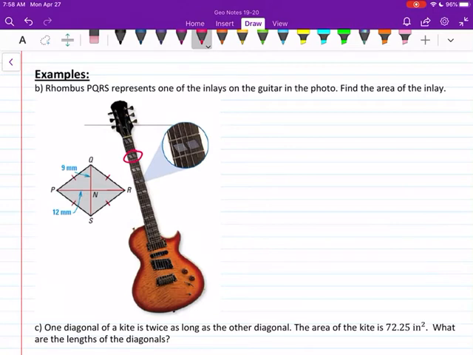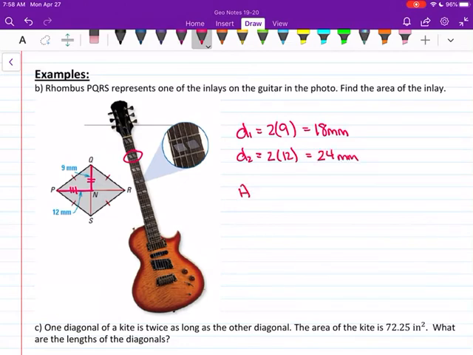And so we have that 9 millimeters goes from Q to N, and that 12 millimeters goes from P to N. So diagonal 1 is going to be 2 times 9, so that's 18 millimeters. And diagonal 2 is going to be 2 times 12, so that's 24 millimeters.